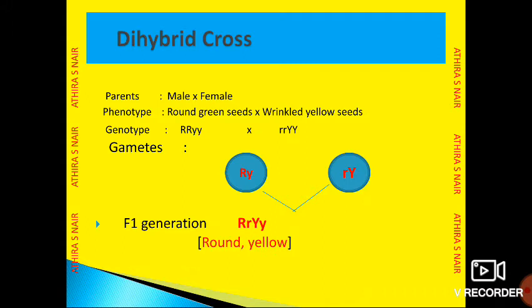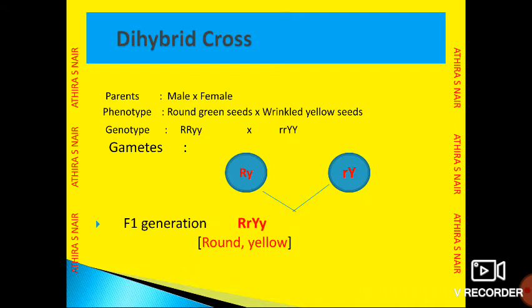The gamete from the round green seeded plant carries alleles capital R and small y, and the gamete from the wrinkled yellow seeded plant carries small r and capital Y. When we hybridize these two, in the F1 generation all the progenies have the genotype capital R small r, capital Y small y.